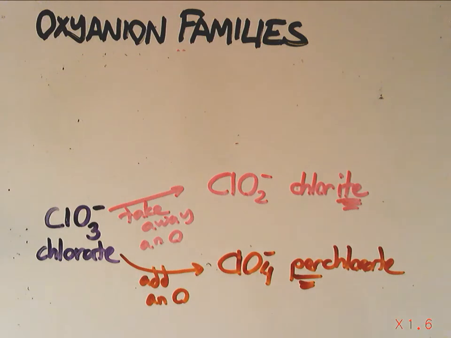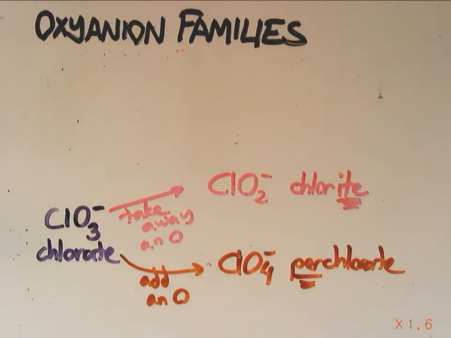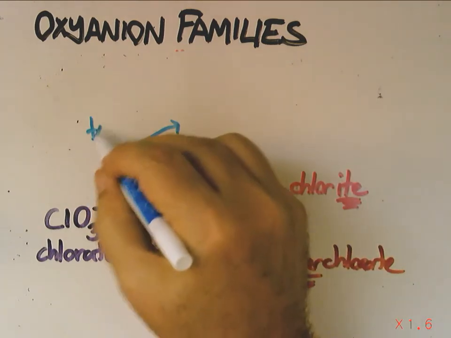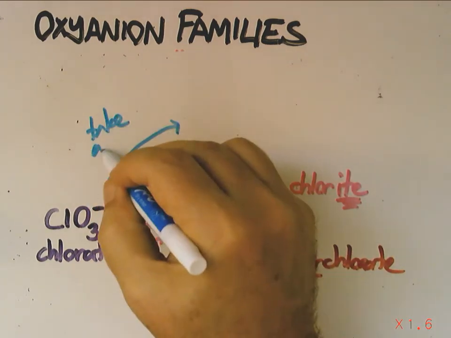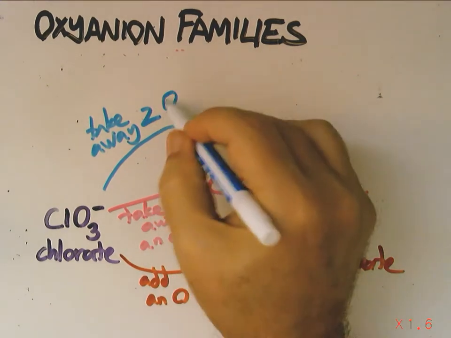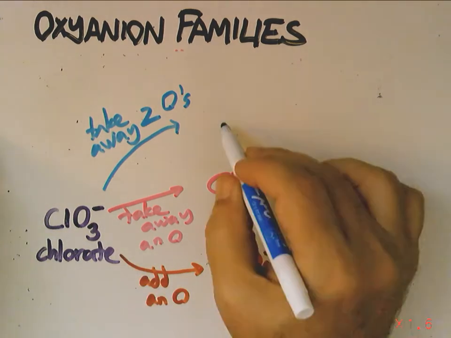But suppose here I added one, here I took away one. Suppose I take away 2, but I'm going to leave the charge the same. If I took 2 away, I'd have this.